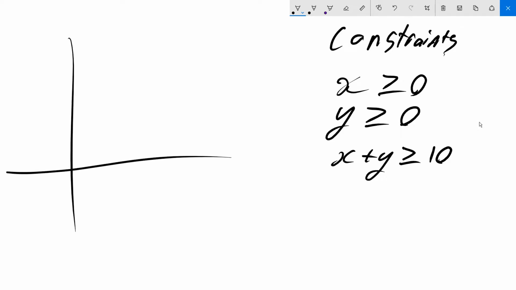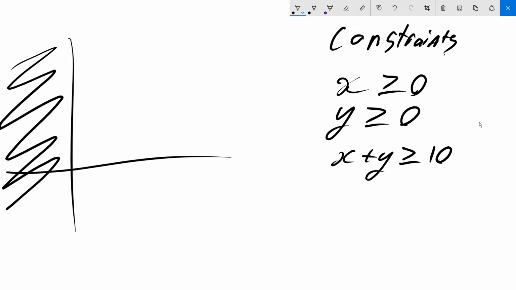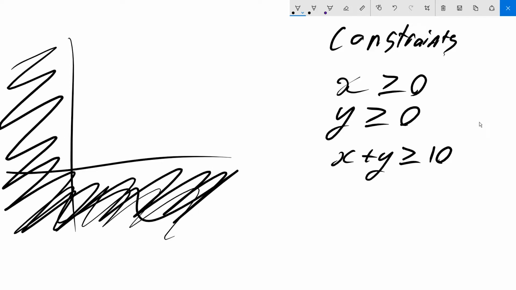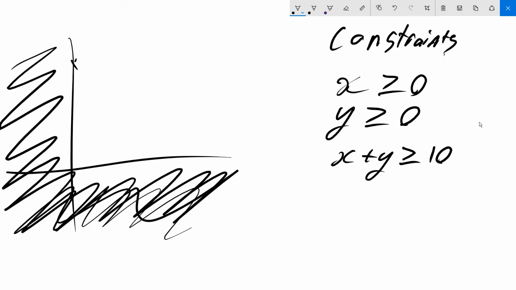Let's not worry about what these numbers represent for this one, we're just going to do it. So here's our graph. Again, we're going to have the colored area as not the feasible region. And then we're going to have our line, 10 and 10.